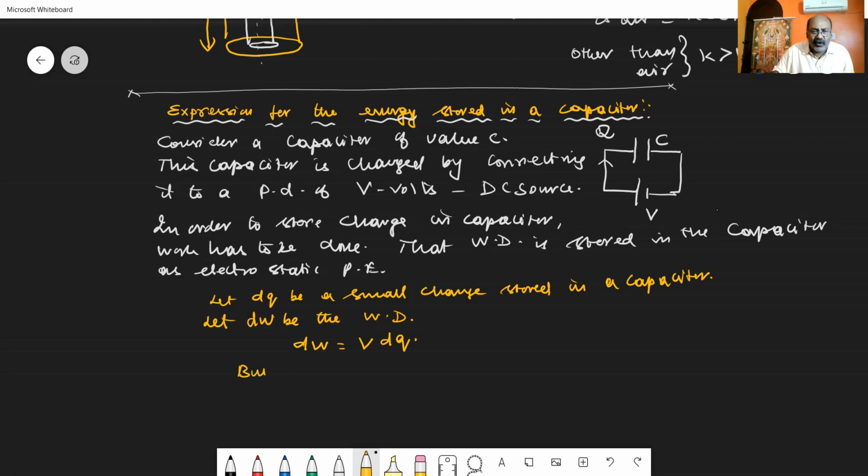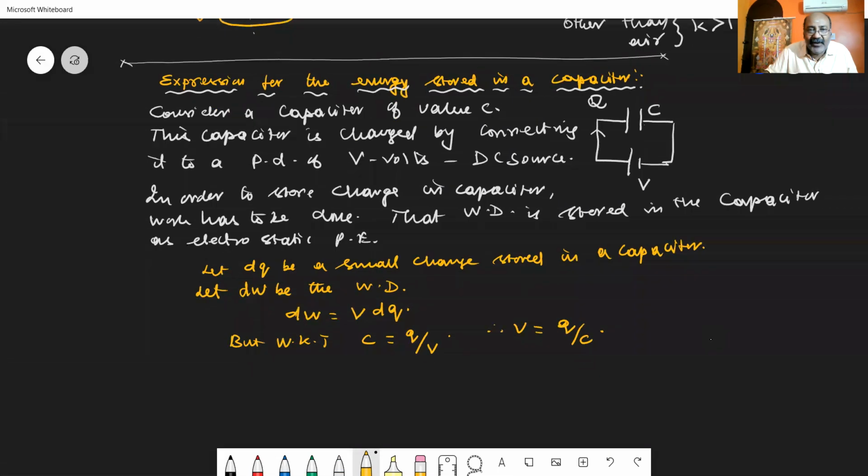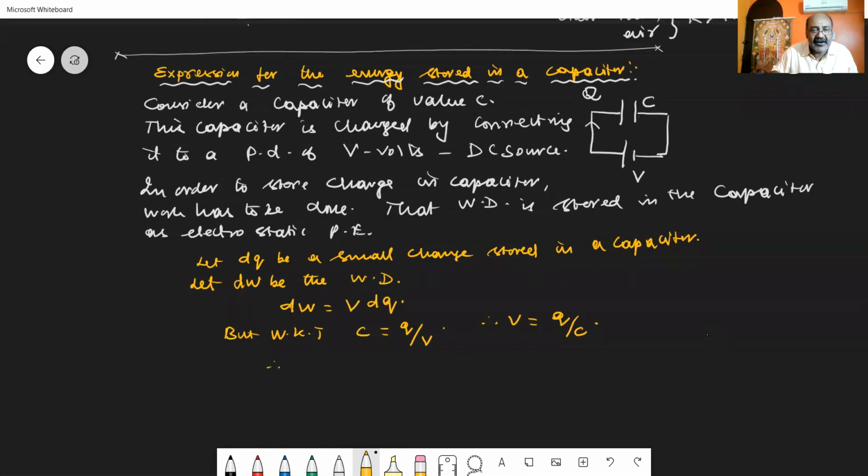But what is the value of the capacitance C? Because here the variable is the charge dq, I have to replace V in terms of Q. Capacitance is given by the formula C is equal to Q by V. Therefore, V is equal to Q divided by C. Substituting in this equation, dW is equal to Q divided by C into dQ.